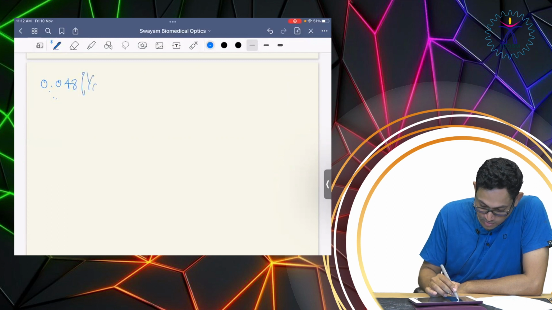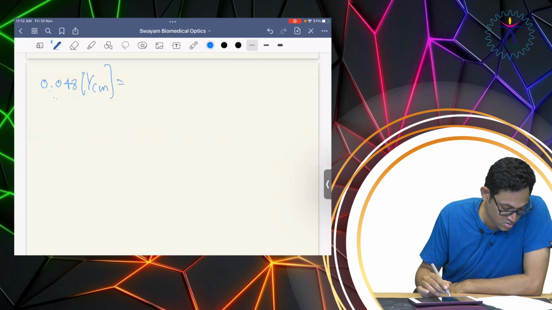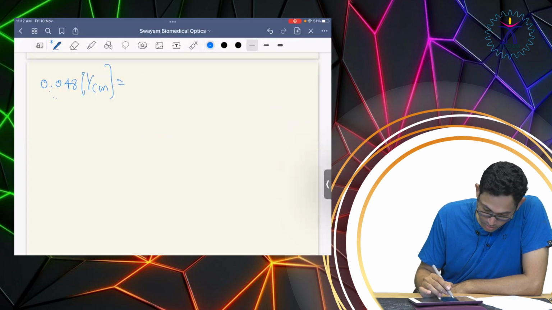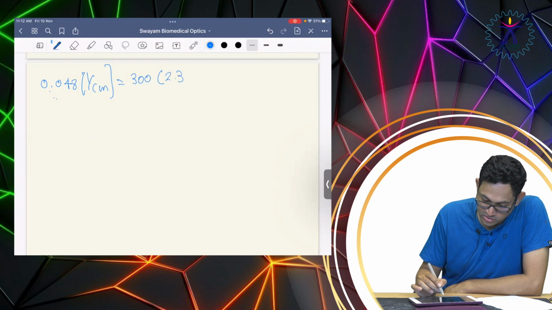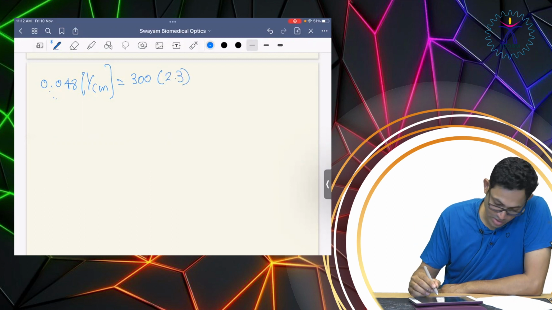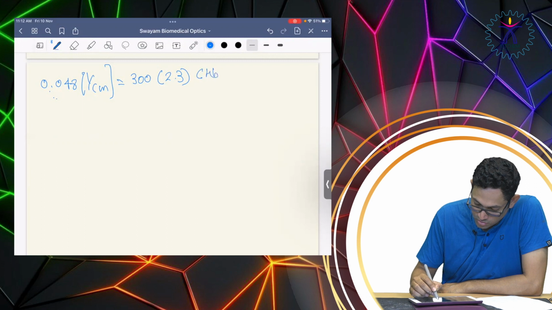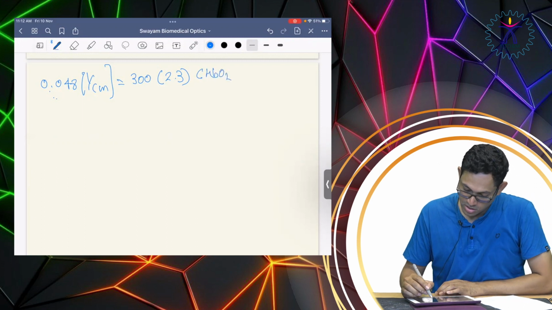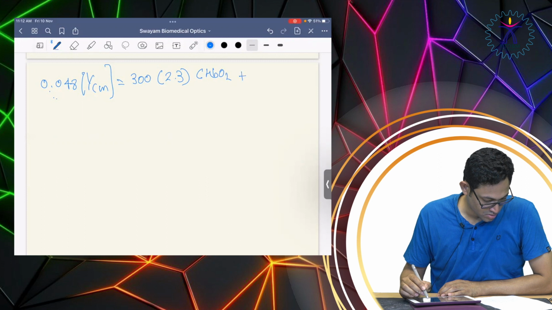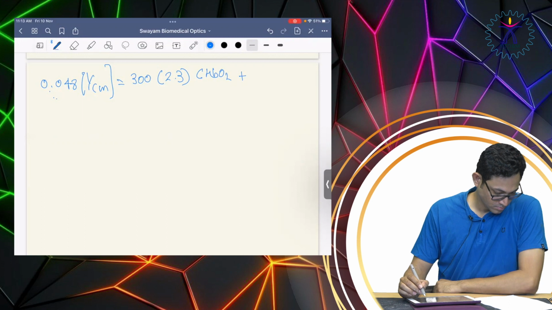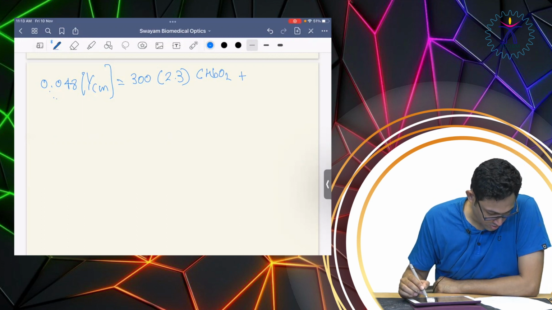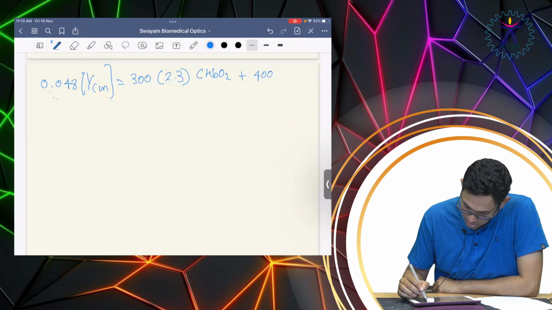That is equal to 300, the value of epsilon, into 2.3, which is nothing but ln of 10, times the concentration of HbO2, plus 4000 into 2.3 into the concentration of Hb.